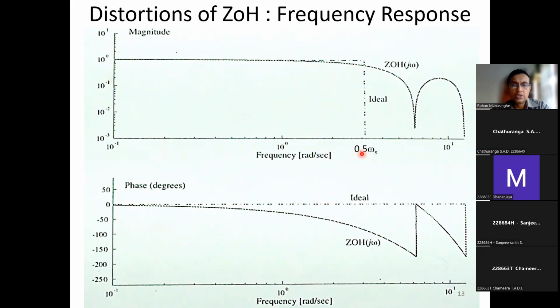So in terms of radians per second, not hertz, let's say you have 120 radians per second frequency, which is 20 hertz. Okay. If you go to half of that, you will see a little attenuation. After that, you will see some serious drop in attenuation.